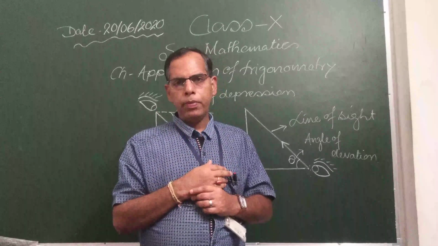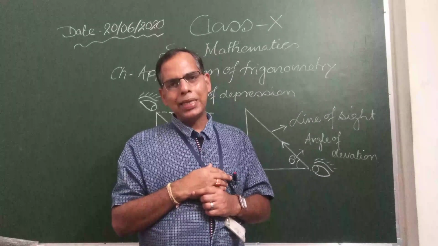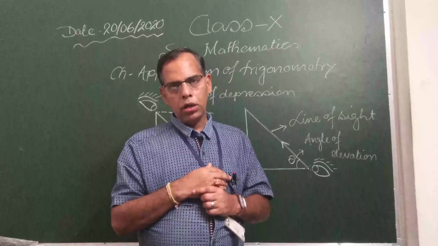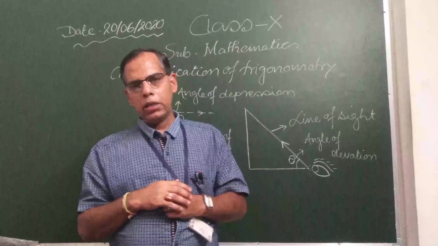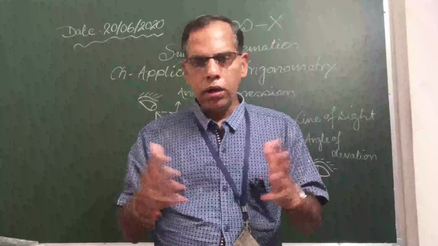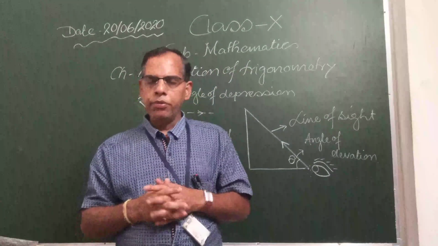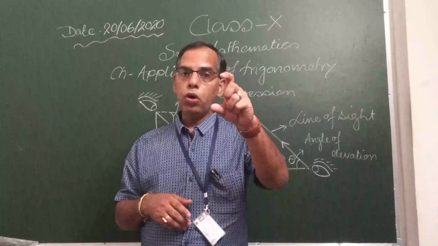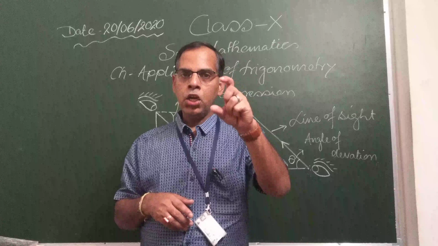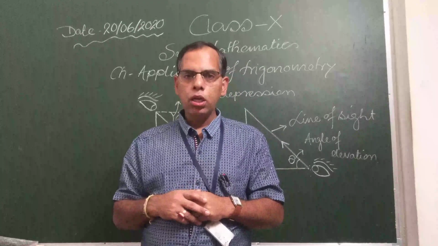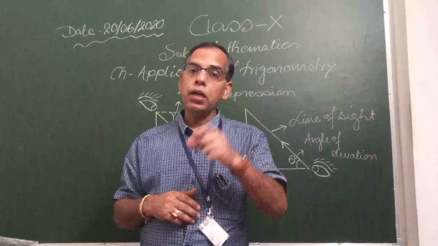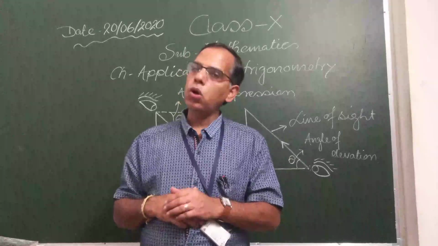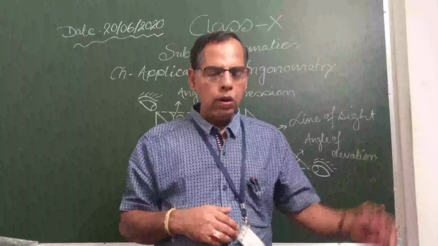Most often, you will use tan theta. Okay? Now, another thing is that, for your information, you have to remember the ratio of the sides for tan, the ratio of the sides for cot, and the ratio of the sides for sine and cos. Okay?